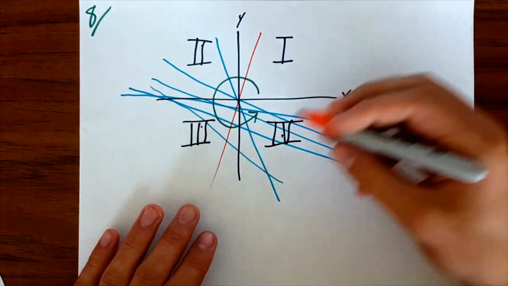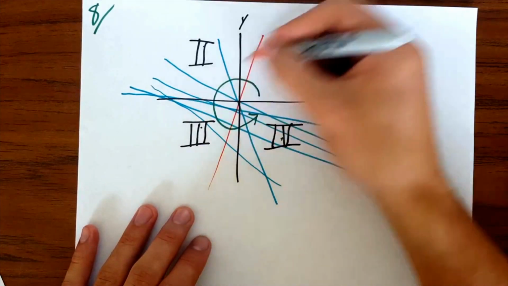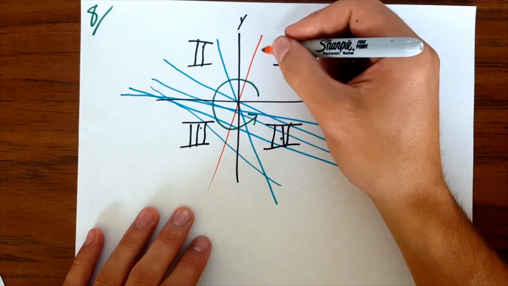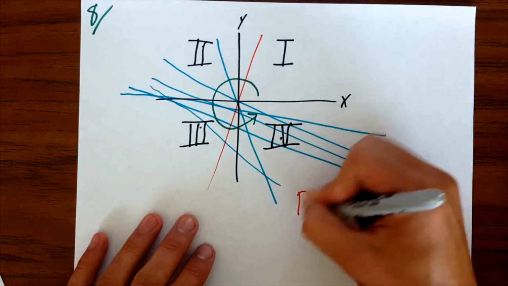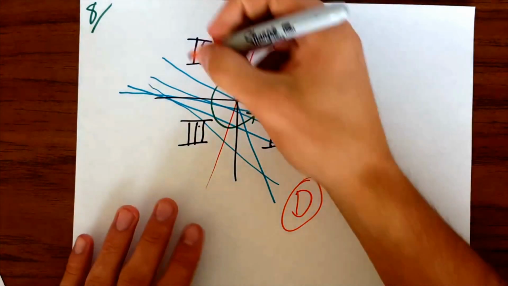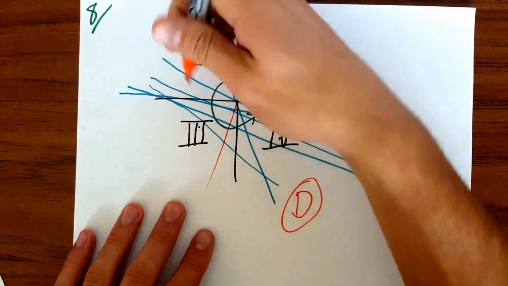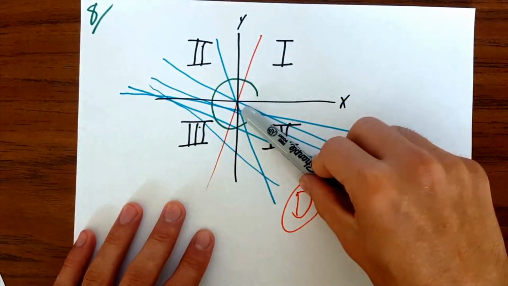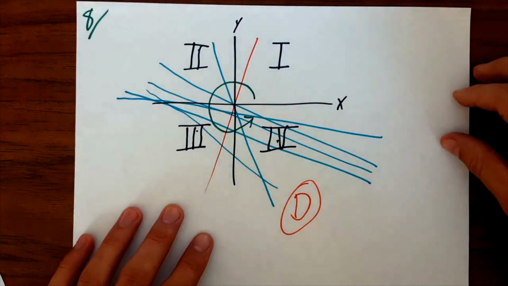And what that means is that none of the possible lines would have a positive slope, which means that the slope has to be negative. So the answer then is D. The slope of line L has to be negative. And again, you're just going to have to remember that lines that slope down this way are going to be negative, and lines that slope up this way are positive.